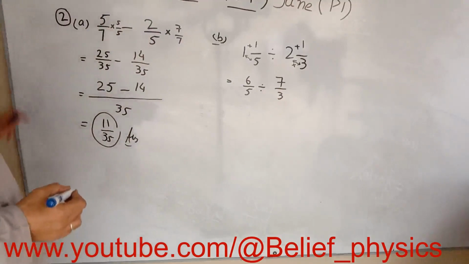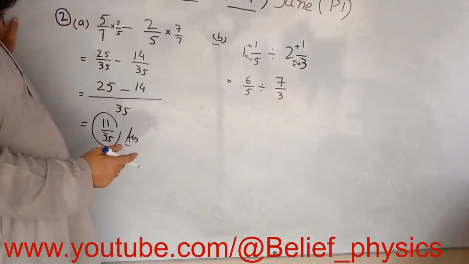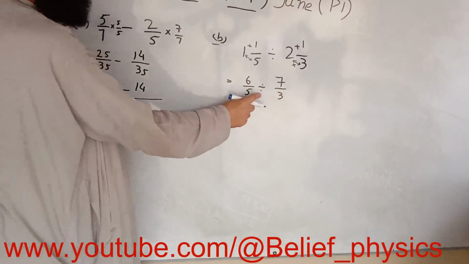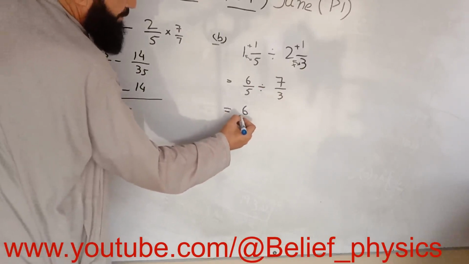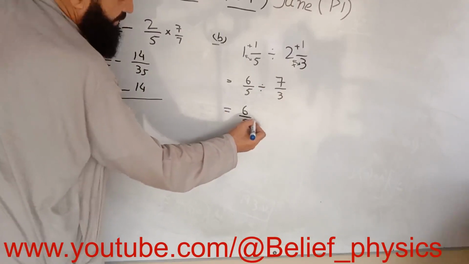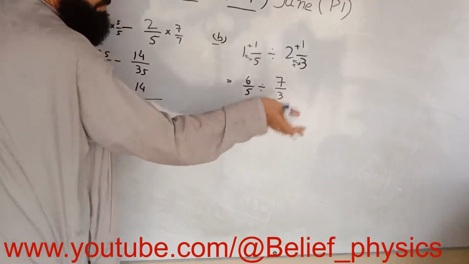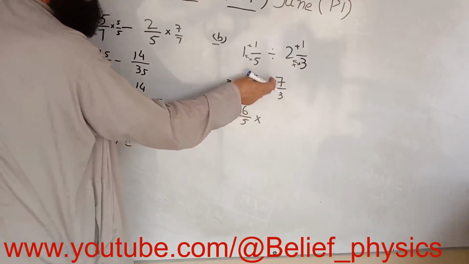Now I have to divide them. In order to divide two common fractions, what do we do? We change the division sign into a multiplication sign. So this will become 6/5 multiplied by, and this we will invert. The denominator will become the numerator and the numerator will become the denominator.